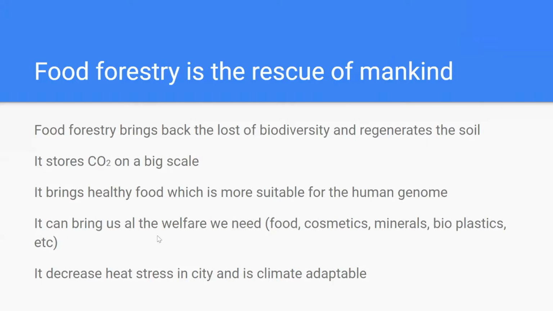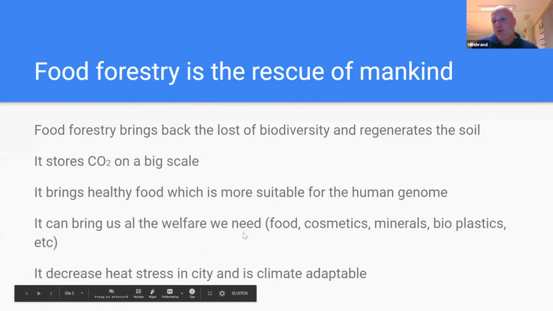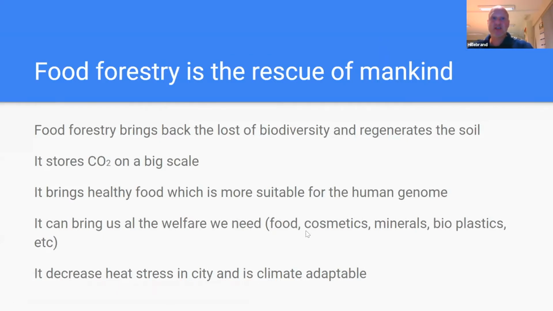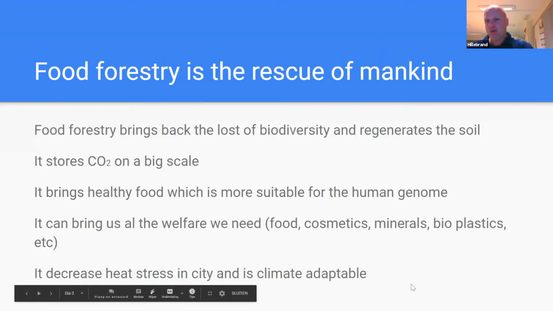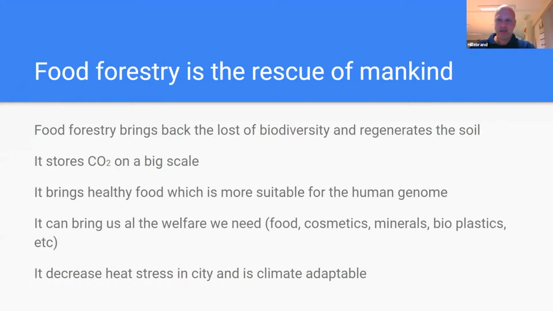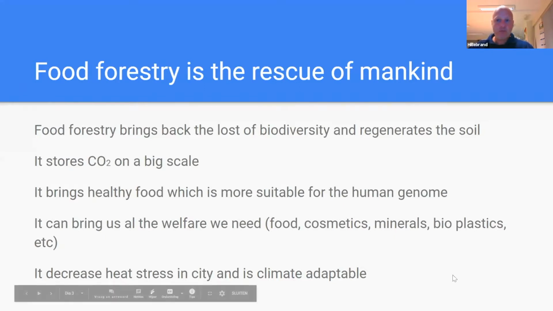Another benefit is that when you put food forestry in the cities, it can decrease heat stress, and with a lot of rain and dry periods, food forestry is very climate adaptable. So here are a few benefits. For farmers, it is also a very social system. When a farmer has a food forest on his company, more people are coming, so they have more connection with the neighborhood.